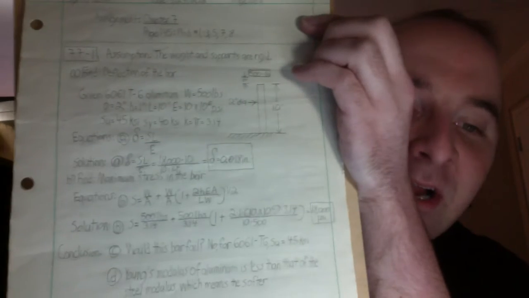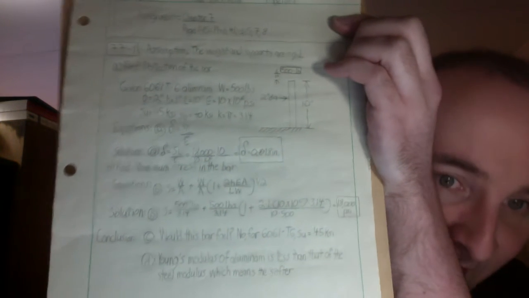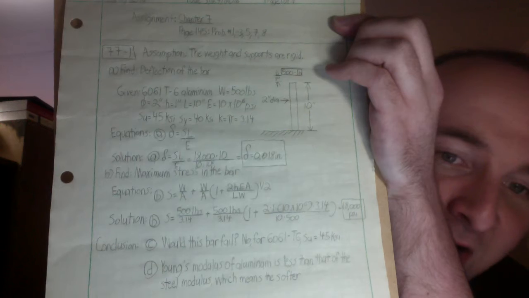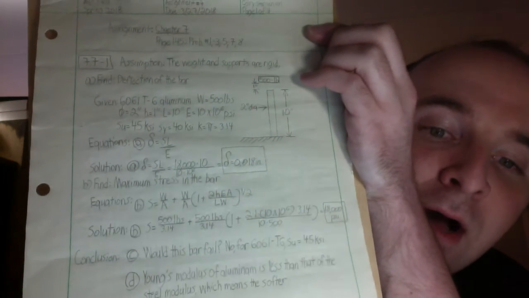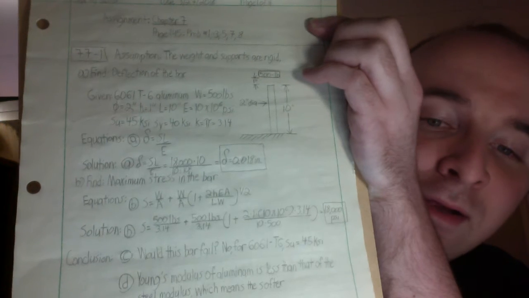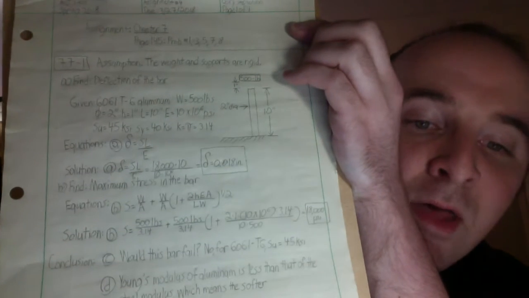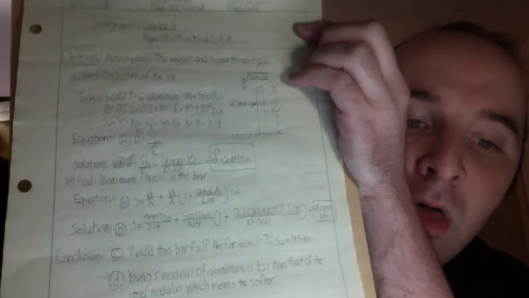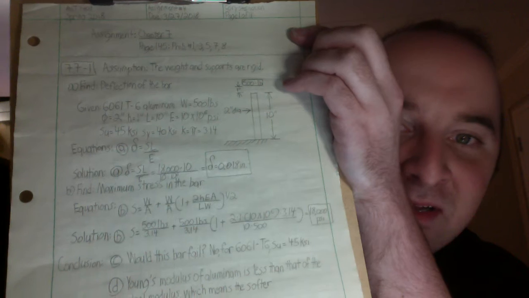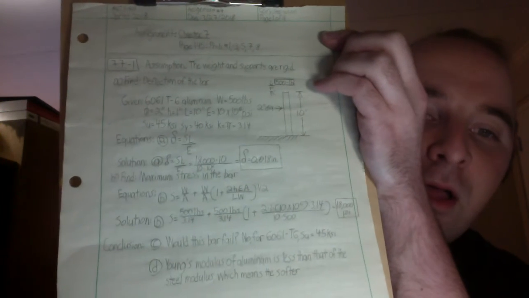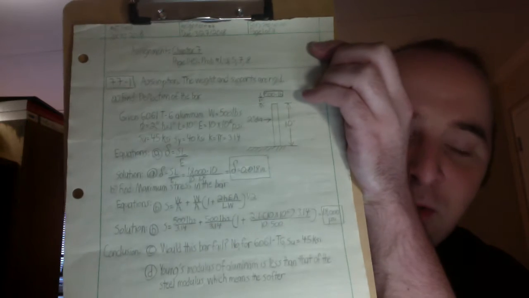I'm just explaining it so you understand the basic format here. But the second part of the conclusion says Young's modulus of aluminum is less than that of steel modulus, which means it's softer. I don't think I finished that conclusion in this example, but you can get the gist of the general format there.